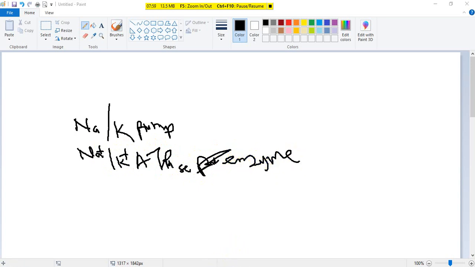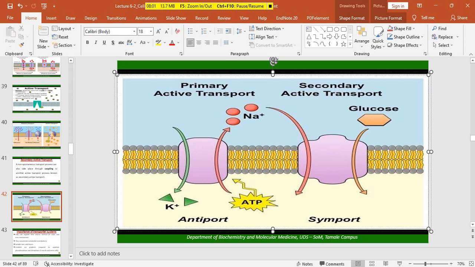Okay, so we can see there is energy because it's an active transport. The enzyme will transport potassium into the cell and send sodium out. Because like I said, if sodium comes into the cell, there will be turgidity or edema, because wherever salt goes, water will follow.